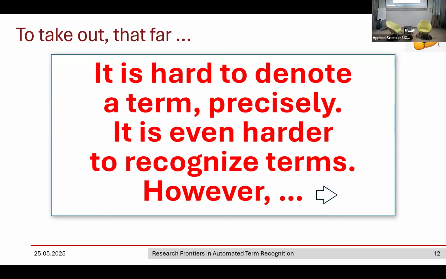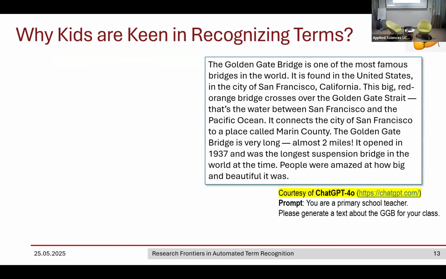What I did to somehow justify this claim, I prompted ChatGPT, contextualized as a primary school teacher, asking to generate a text for primary school pupils on the Golden Gate Bridge, to explain in popular terms what the Golden Gate Bridge is.